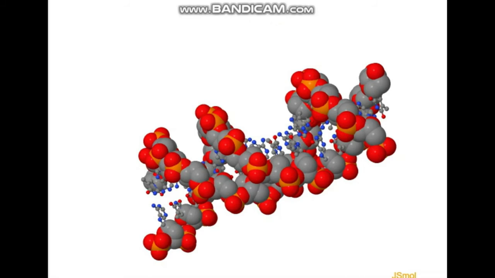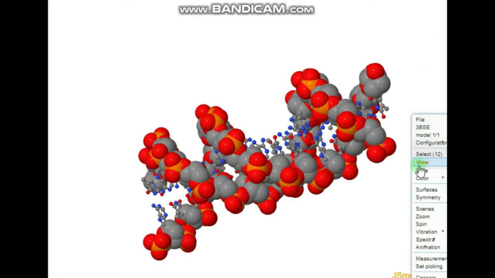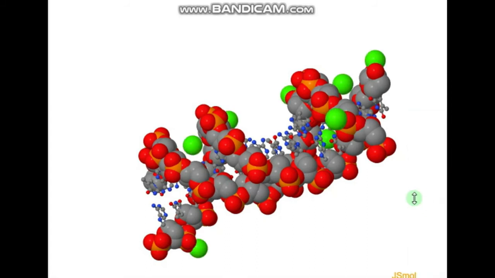And in fact, when this particular bit of DNA was crystallized to generate this structure, they had, in that case, calcium ions in the solution. And what they found was that some of those actually crystallized in very fixed, regular positions in the structure. And we can see those if we do this. So if we just select the calcium ions and then show them like that, the green blobs are calcium ions.